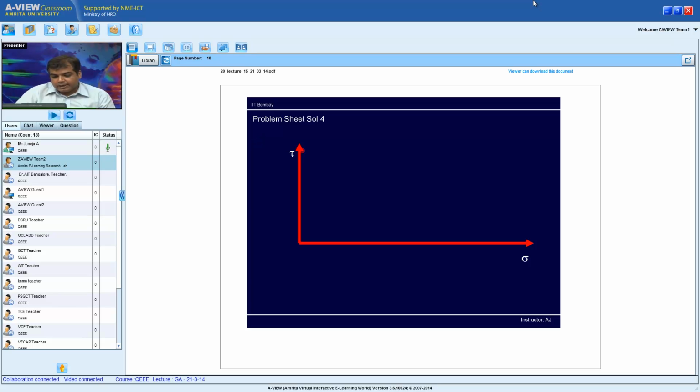In the usual direct shear test, we have a plot of tau versus sigma. The values have been given as 41 for the shear stress, so it is the y coordinate, and 65 is the normal stress, so it's the x coordinate.